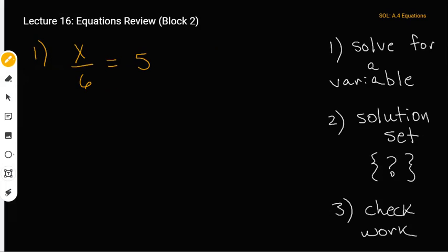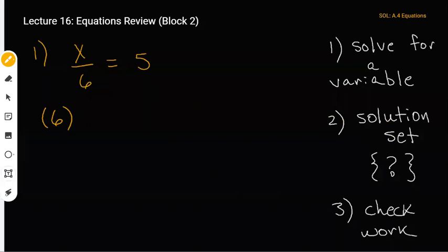So how can I get x by itself on the left side? Since I'm dividing by 6 on the left side, I'm going to do the opposite of dividing. And the opposite of dividing is going to be multiplying, right? So I'm going to multiply both sides by 6.